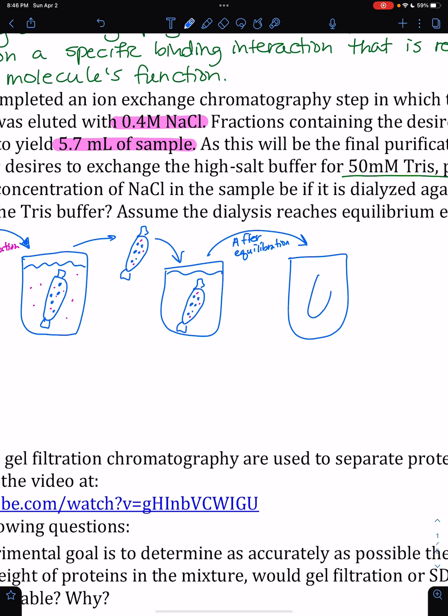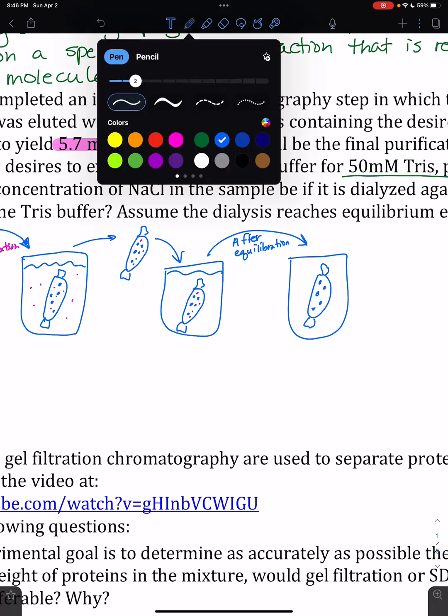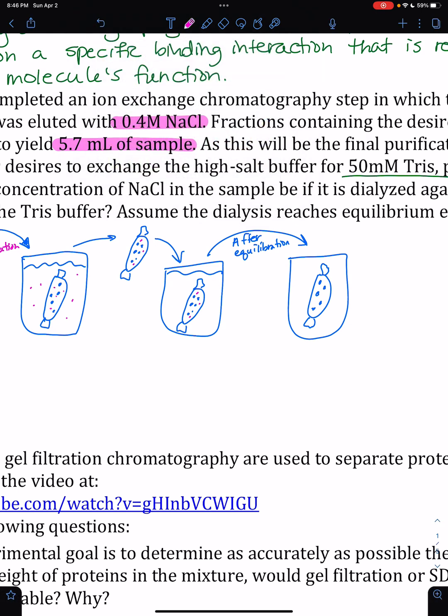what we're going to have is a bag that's still going to have all of our protein molecules in it. And what we want to know is whether some of those salt molecules are left, and we may still have some left in the dialysis bag.